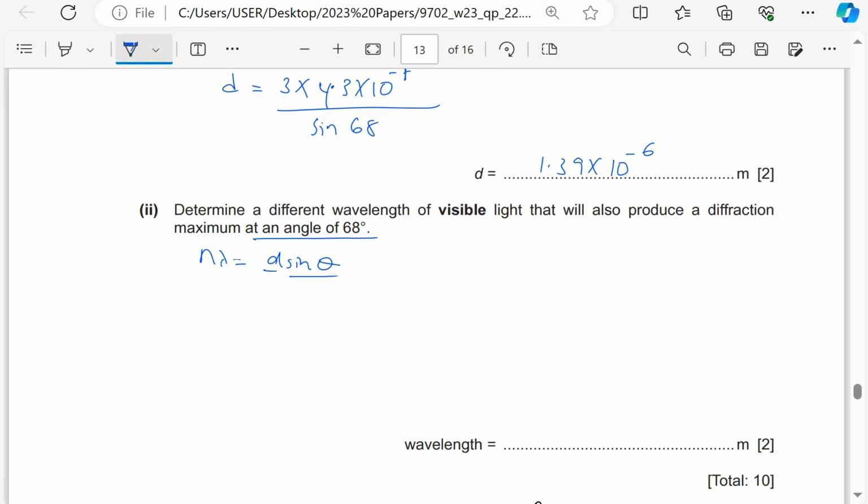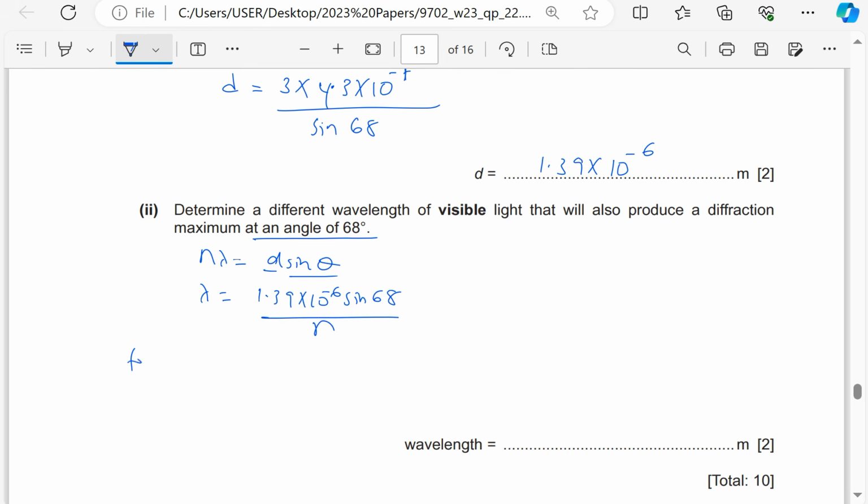So the wavelength is going to be 1.39 times 10 to the power of minus 6 times sine of 68, divided by n.